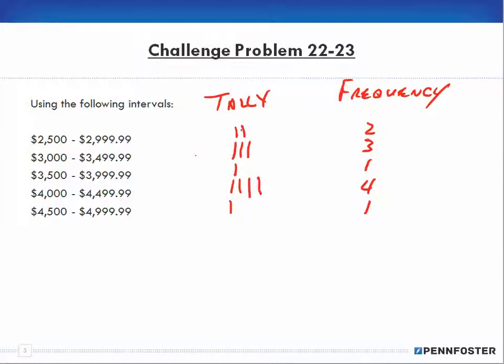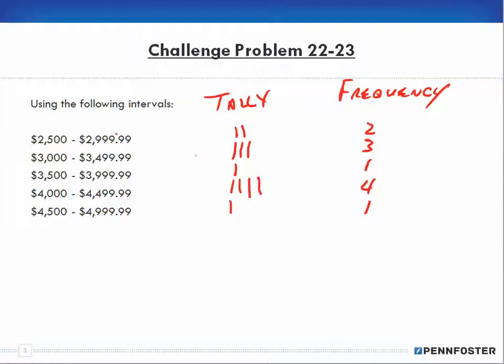Now, to be honest with you, if I had to present this as data, this is the way I would present it. But when I'm looking at these intervals, notice I'm going from 2,500 to 1 penny shy of 3,000. So I kind of mentally go between 2,500 and 3,000, 3,000 and 3,500, 3,500 and 4,000, 4,000 and 4,500, and 4,500 to 5,000.